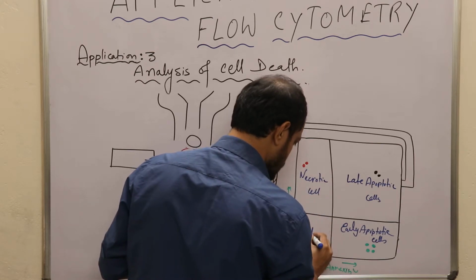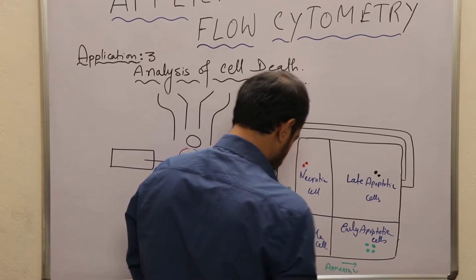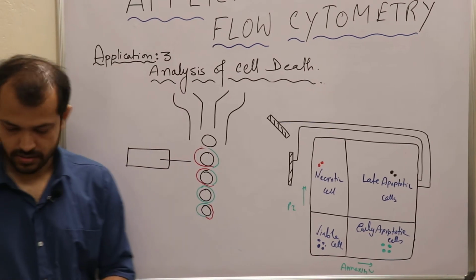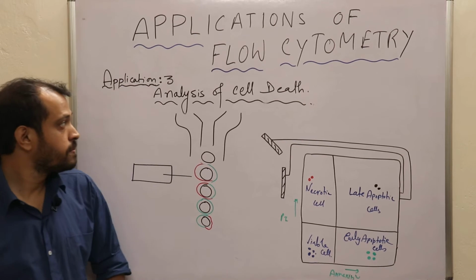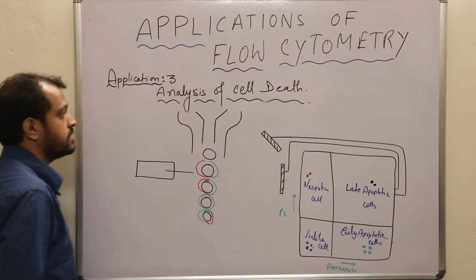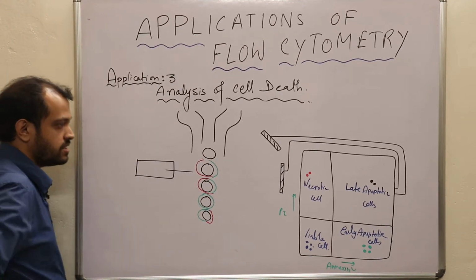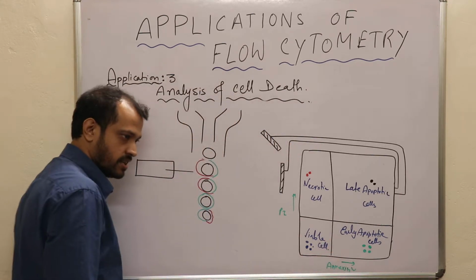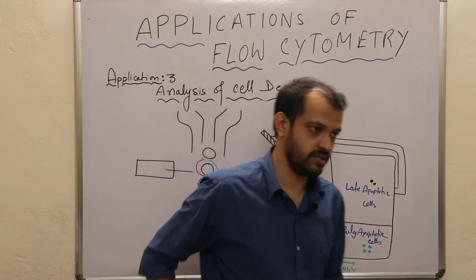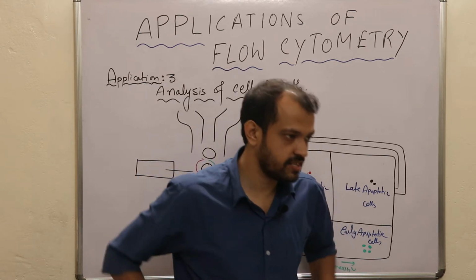Viable cells. So, this is the basic of how we can analyze cell death, necrosis or apoptosis, using a flow cytometer. Now, in the next class, we will be discussing something called FACS, fluorescence assisted cell sorting.